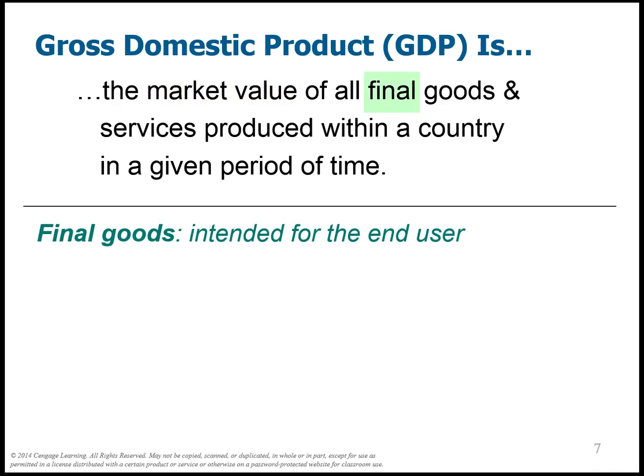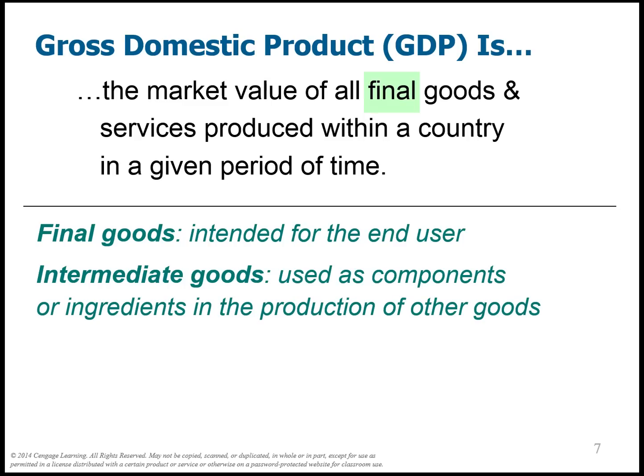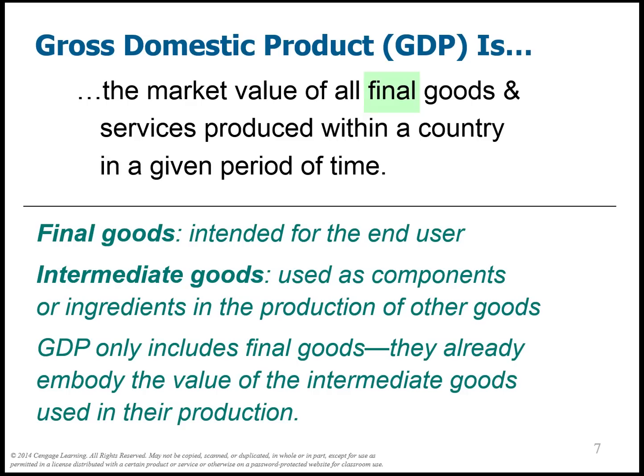All right, and it is the market value of all final goods. So just goods that are intended for the end user, not intermediate goods. These goods are used as components or ingredients in the production of other goods. Why aren't they included? Because the market price of the final good already includes the value of the intermediate good.